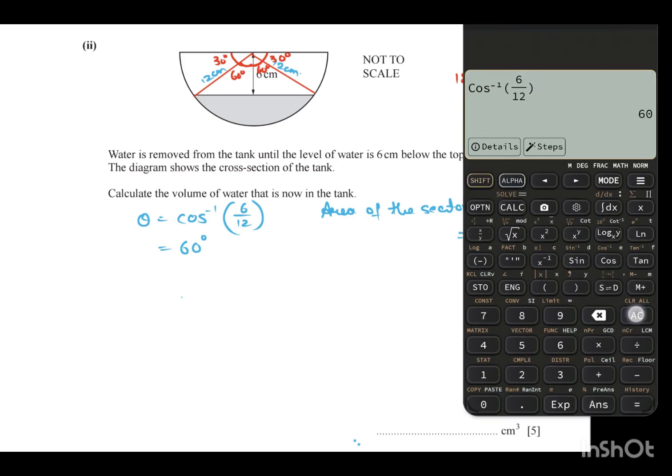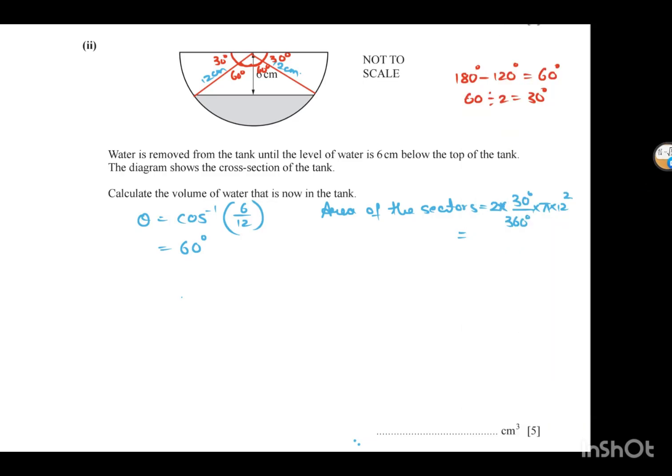Find out 2 into 30 by 360 into pi into 12 square, which is 75.398. So we can write it as 75.4 centimeter square.